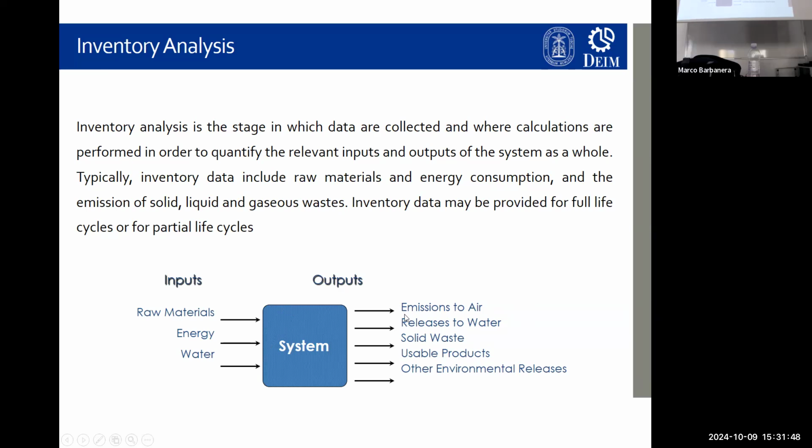And also we have to define the amount of emissions into air, soil, water, and the amount of waste generated by this unit process. And for example, if we have the production of byproducts from this unit process. The collection of this data happens during the inventory analysis step.